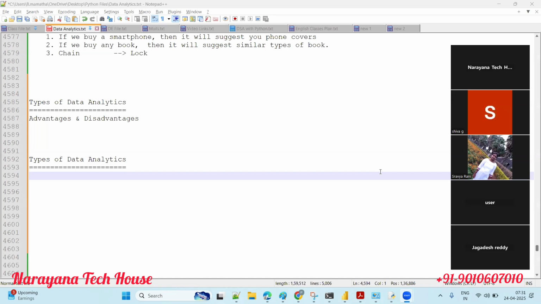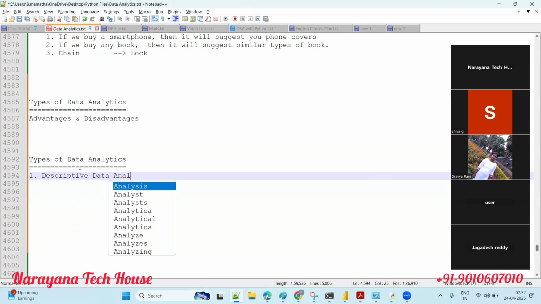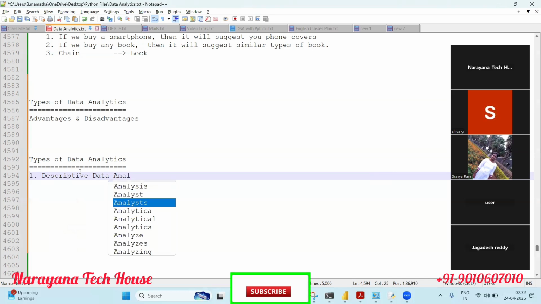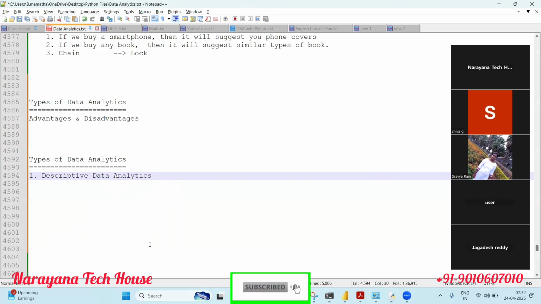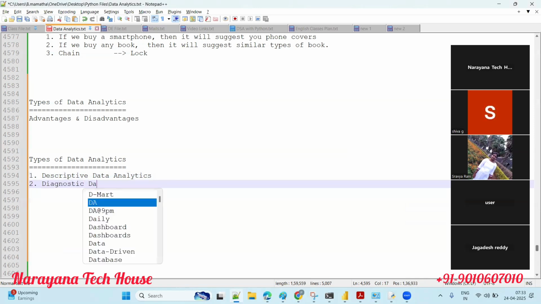Okay, so in this session, we'll discuss the types of data analytics, one by one. The first one is descriptive data analytics. The second one is diagnostic data analytics.